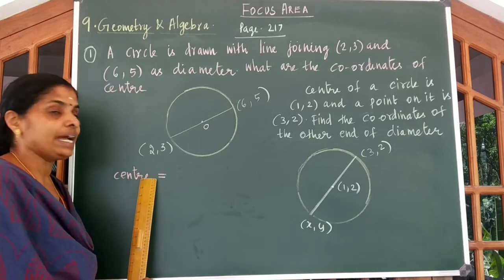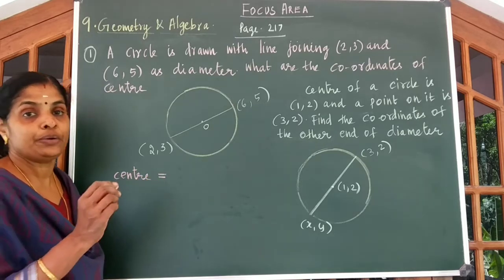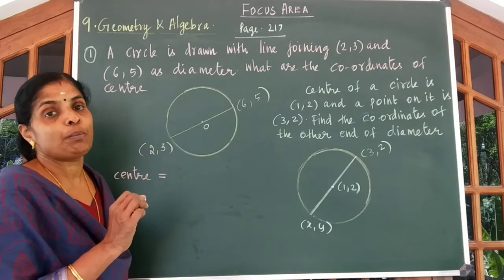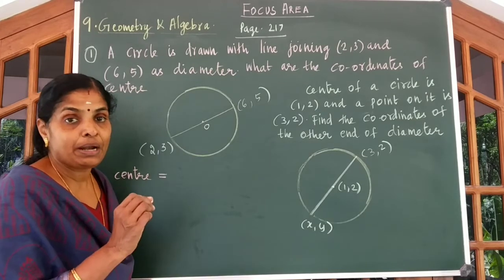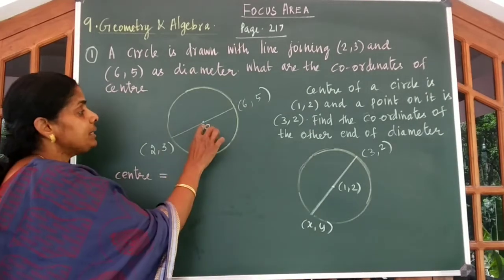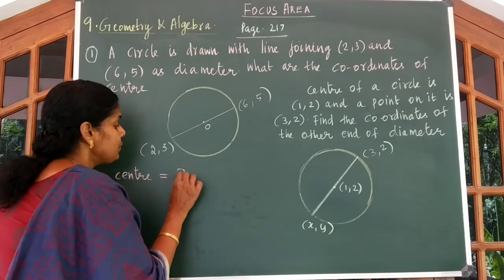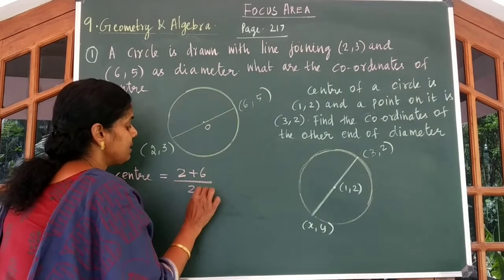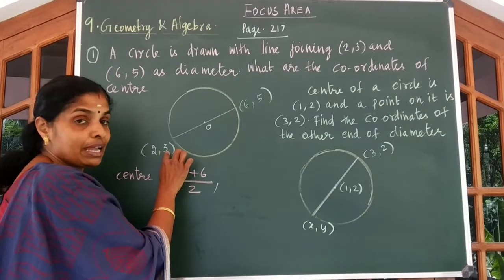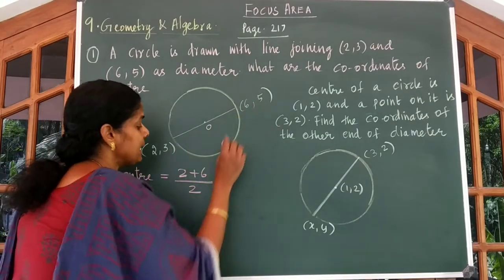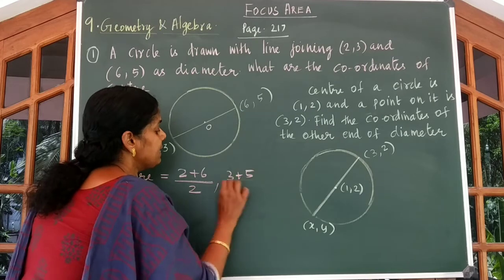So we use the idea: center is equal to x1 plus x2 by 2, comma y1 plus y2 by 2. So the center of this circle O is equal to 2 plus 6 divided by 2, comma y1 plus y2, that is 3 plus 5 divided by 2.